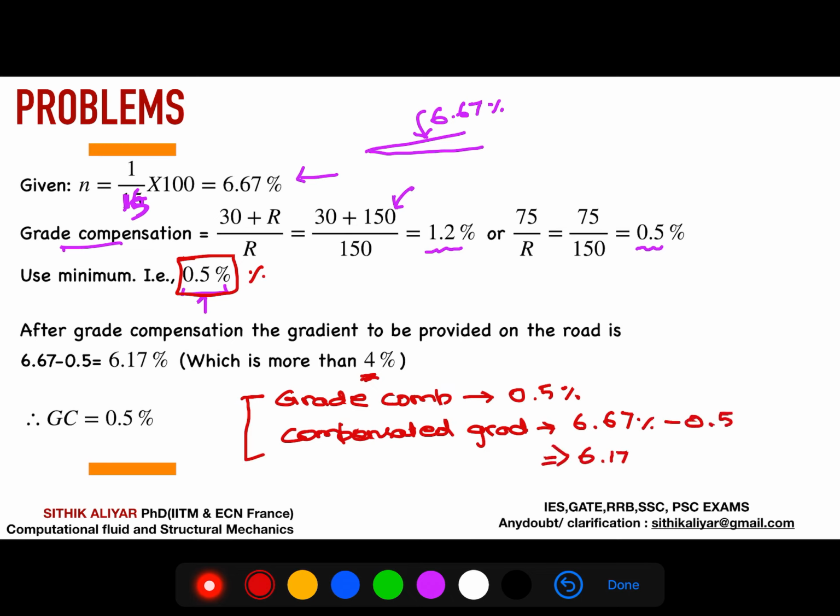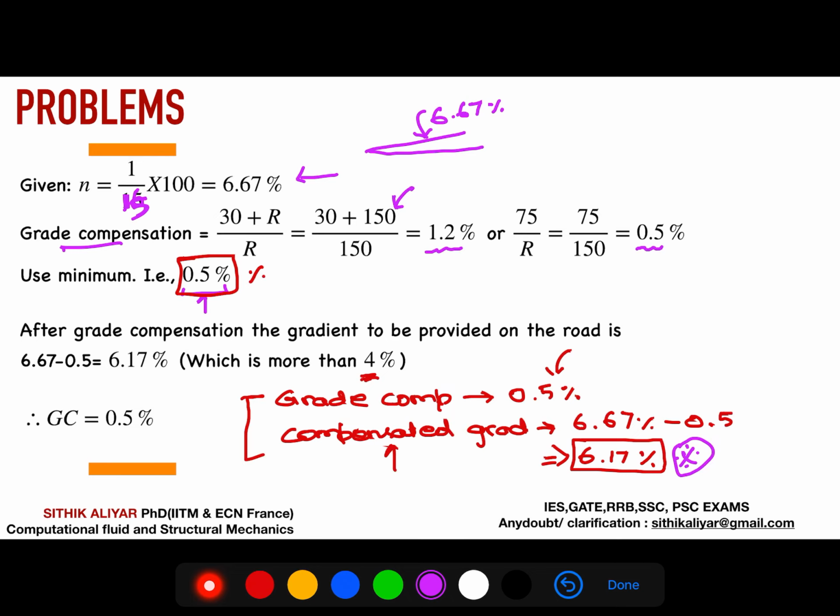So remember, the question can be twisted in two ways. If they are asking for the grade compensation, the answer is 0.5. If they are asking for the compensated gradient, then the answer is 6.17 percent.